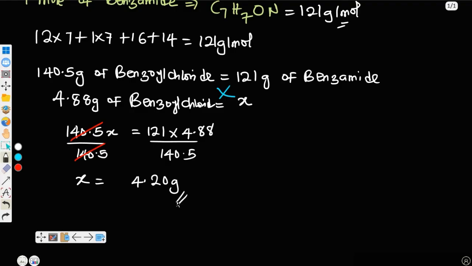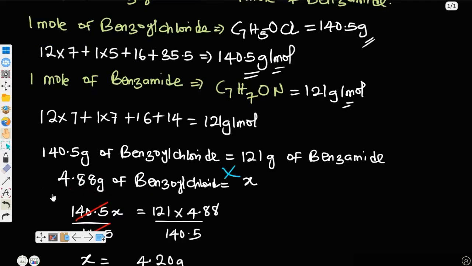So our expected weight is 4.20 gram. That will be our expected weight. Is that okay? 4.20 gram.